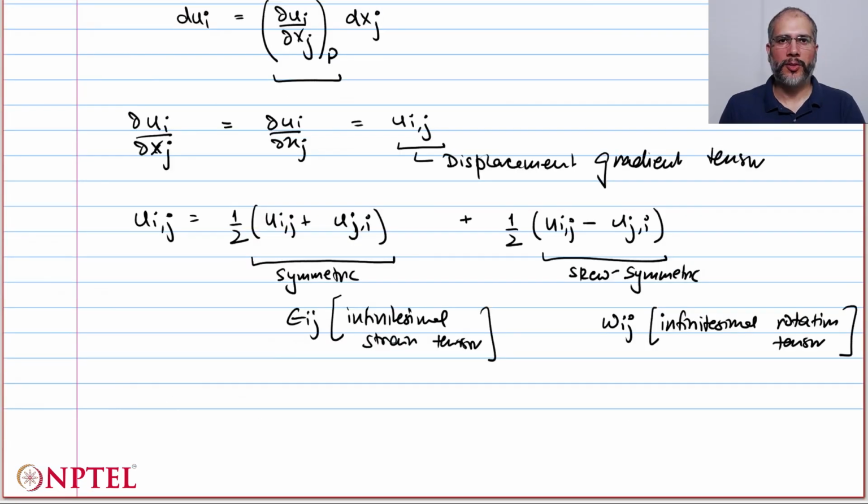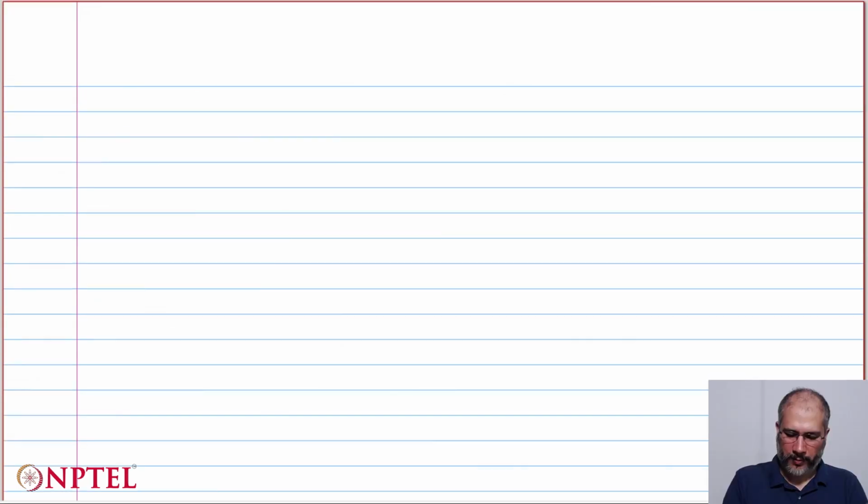So what that means is that if epsilon_ij is 0, then the motion is a pure rotation. And we have somehow shown that in the past when we discussed in terms of finite deformations, where we said if the Lagrangian finite strain tensor was 0, it was a pure rotation. So for this infinitesimal deformation, if epsilon is 0, then omega_ij contains all the information about deformation, and that is a pure rotation. So let us see what this omega_ij tensor looks like.